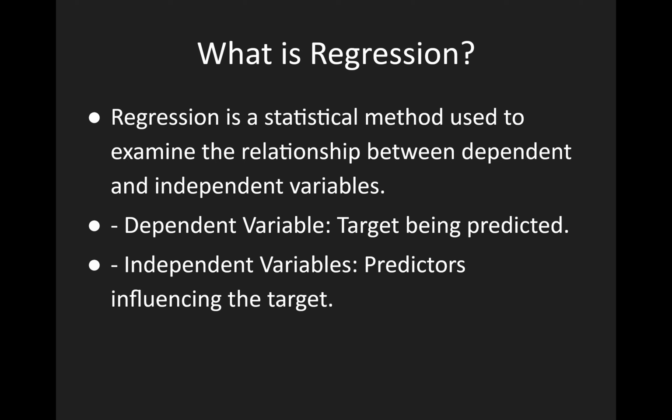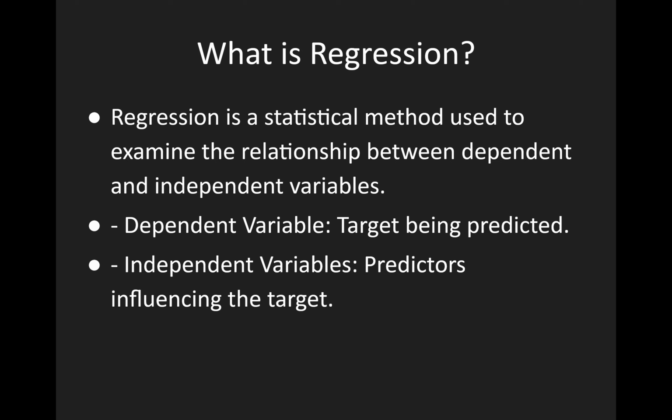As I mentioned, it is a statistical method to examine the relationship between the dependent and the independent variable. The primary goal is to model the relationship and use it to make predictions or infer trends. The dependent variable is called the target, the variable which is being predicted or explained. Then the independent variables are the predictors.